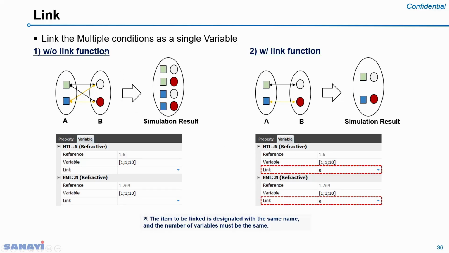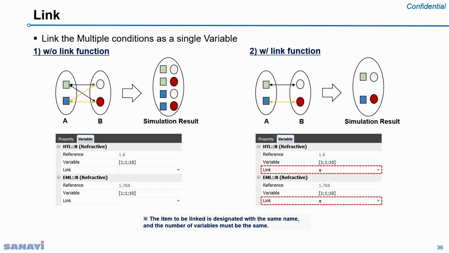First of all, without the link option, two variables are set in A and two variables are set in B. Each variable is paired like this, so total 4 cases are carried out. In contrast, with the link option, there will be 2 cases because it is a one-to-one correspondence.